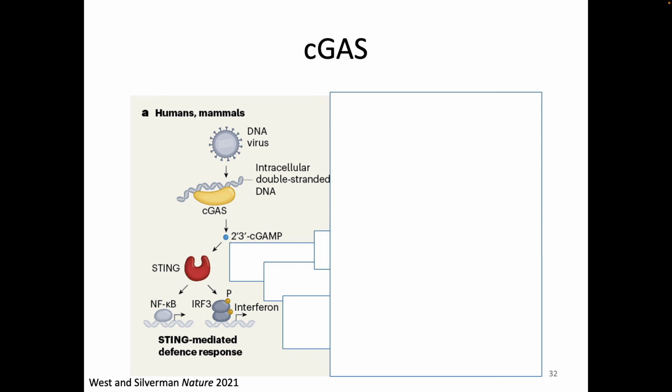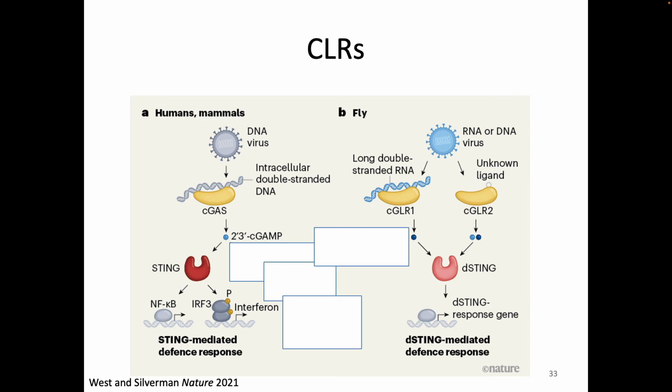Just to give you an example, I told you about cGAS. Some researchers did some work looking at cGAS, and what they found was that Drosophila, which is not a jawed vertebrate but an invertebrate, basically had receptors that looked like cGAS, and they made a response that looked just like the cGAS response.